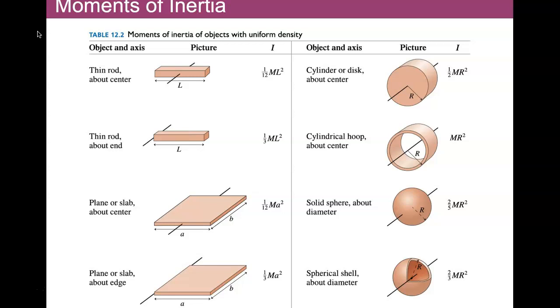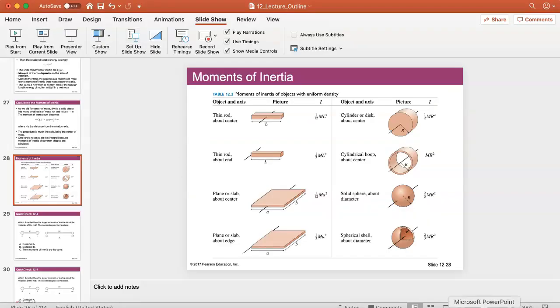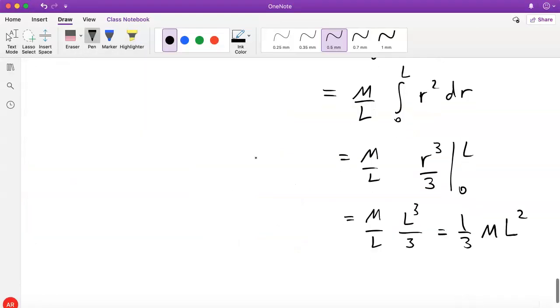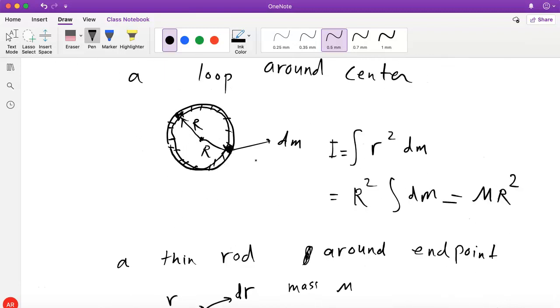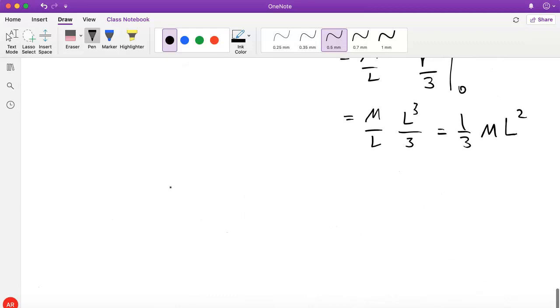Maybe it's worth it to do another one. Maybe let's do the disk as well, so you see a more complex geometry. So let's do the disk. This was one example here. We did a loop, we did a thin rod. So a disk around its center.